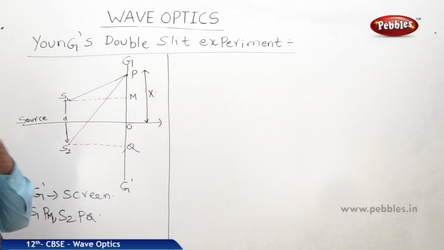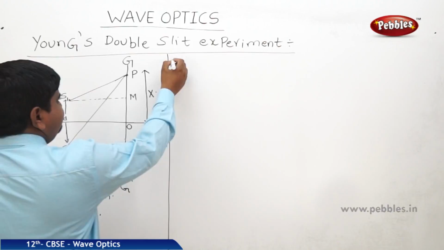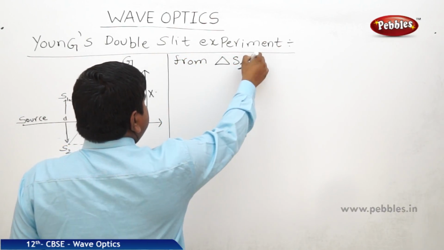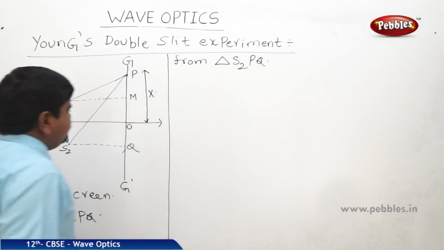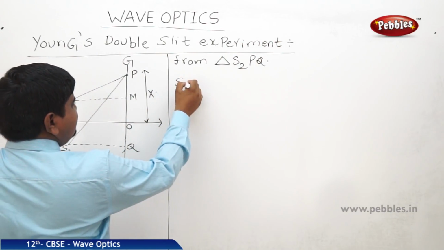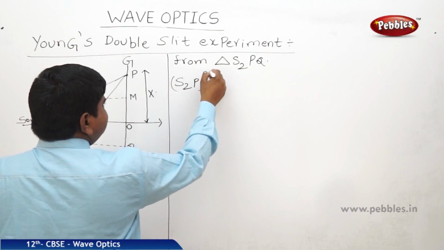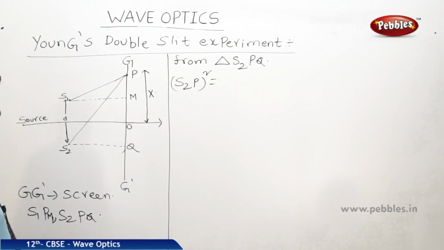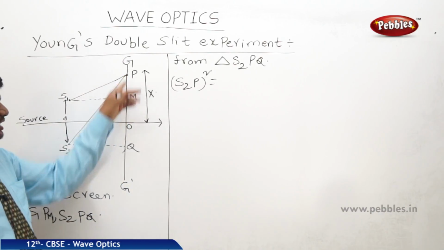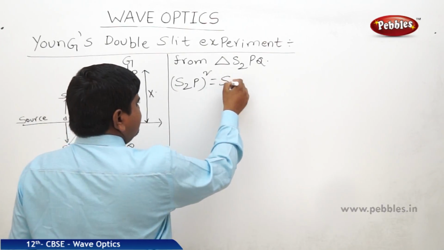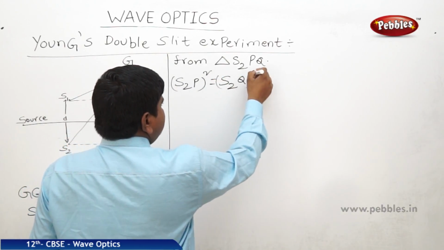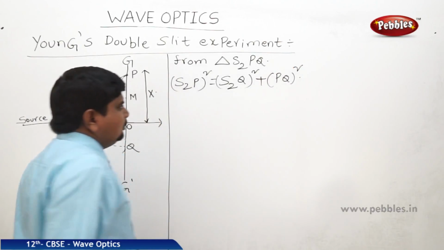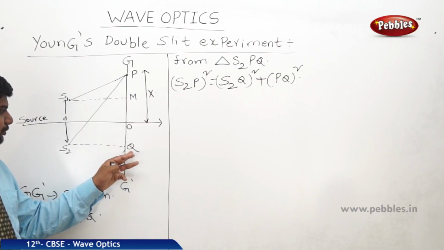So take the triangle S2PQ. From triangle S2PQ, what is S2P square? If it is a right angle triangle, S2P square is S2Q square plus PQ square. So what is S2Q?